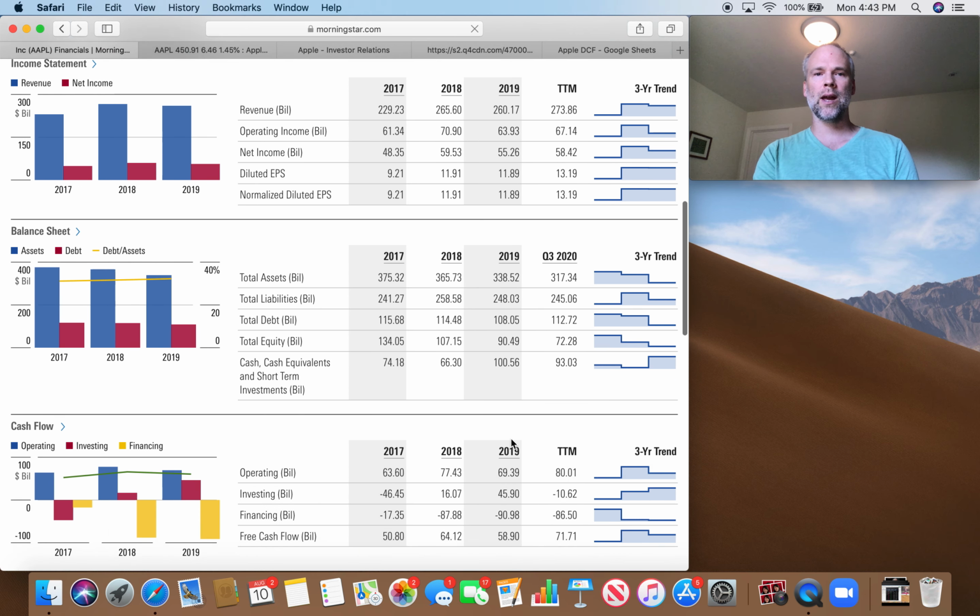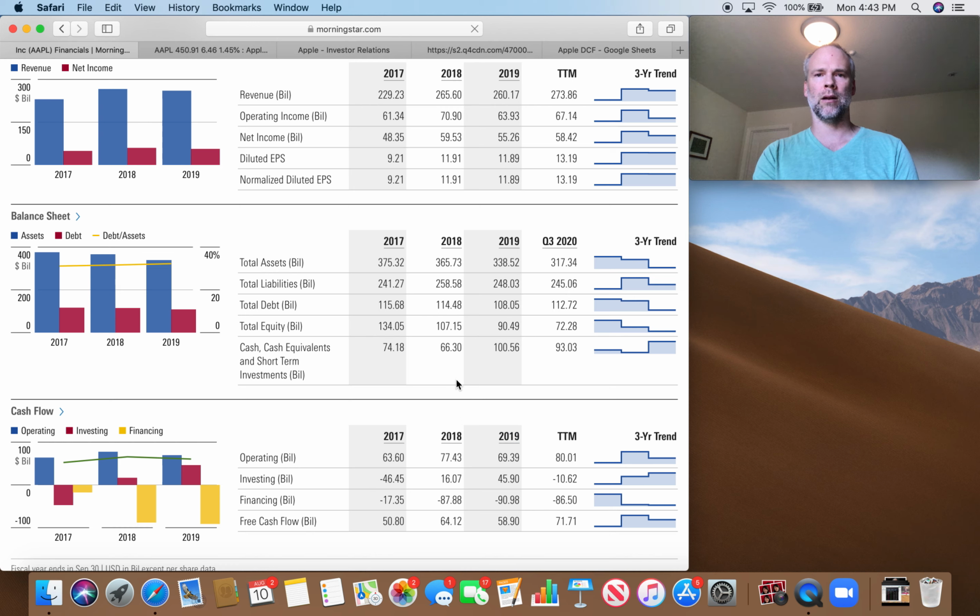Now, I'm going to tweak those numbers slightly because you can see here the trailing 12 months of operating income is less than the operating income was in 2018, and yet the free cash flow is quite a bit higher than it was in 2018.